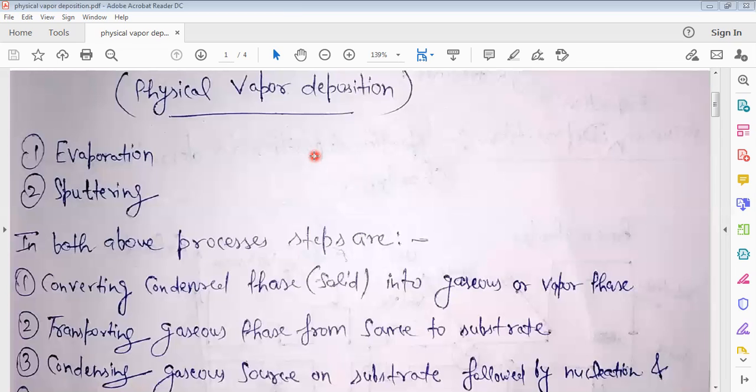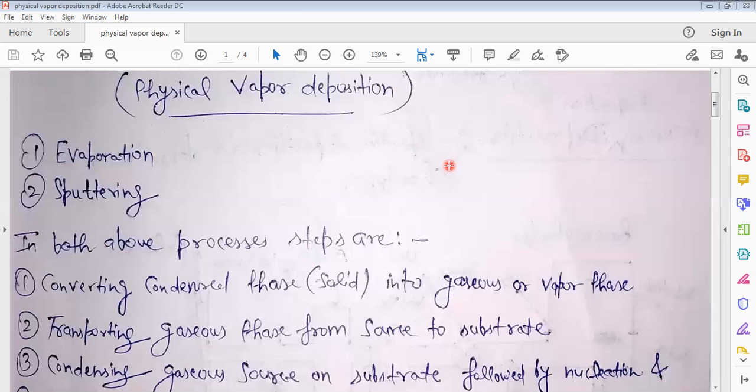These are the two processes that are pretty much common. Remember, these two processes are used to deposit metals onto semiconductors, but not only onto the semiconductor; they can also be used to deposit onto the silicon dioxide in order to make gate contacts.